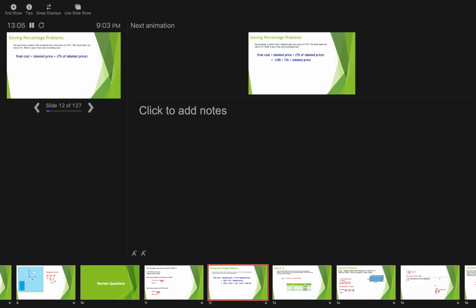So the final cost is going to be the labeled price plus 7% of the labeled price, which, almost like factoring here, is 107% times the labeled price, which is 107% times $137. And 107% converted to a decimal is 1.07.